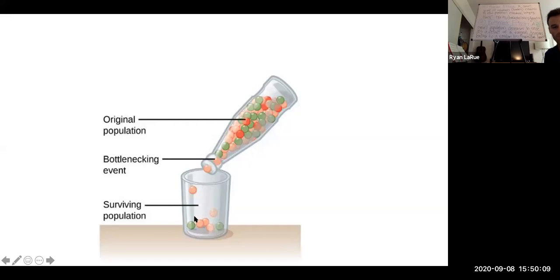Even though natural selection would have selected for the green, because this is random, more green maybe were in the earthquake area or burned from the fire, and more of the less adapted individuals with less fitness remained. That's what the picture is showing. And the red were completely wiped out.